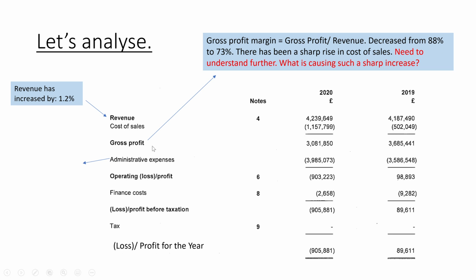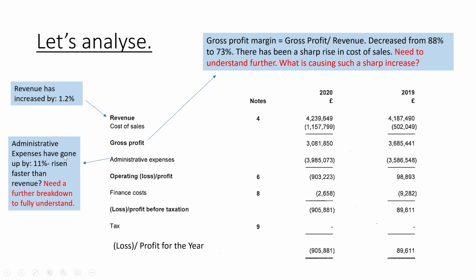Now, another figure to look at is admin expenses. Admin expenses are normally quite fixed, a large proportion of them are fixed costs, like your staff salaries and your rates, and they don't necessarily move in line with revenue, but it's good to compare them.